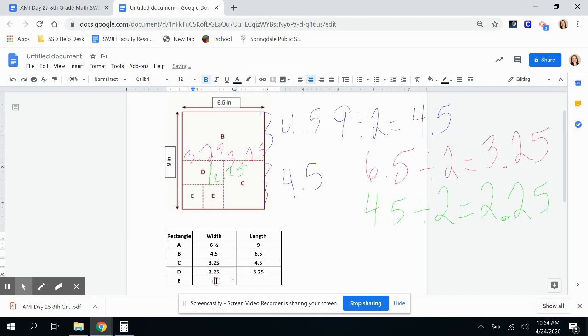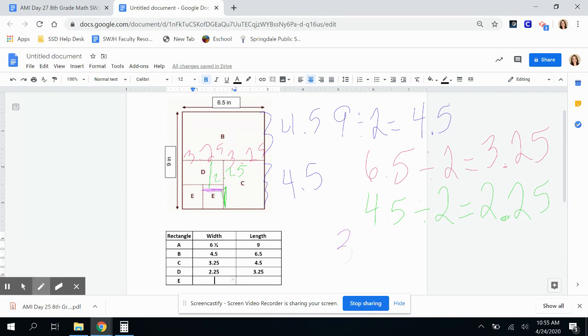If that was 2.25, that means this length right here is also 2.25. Now I just need to find this part right here. And so this whole part up here we said was 3.25, so that means right here is 3.25.